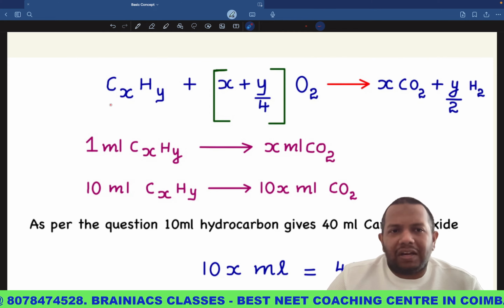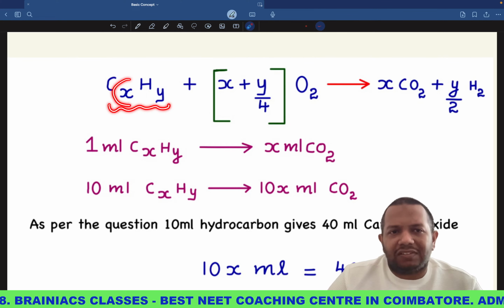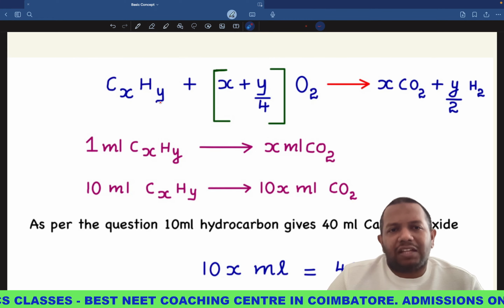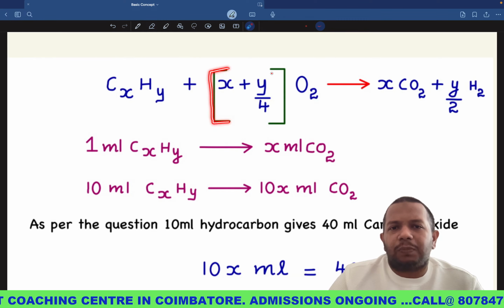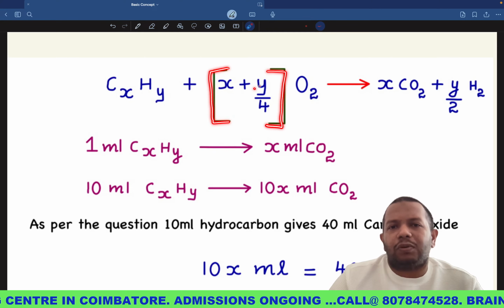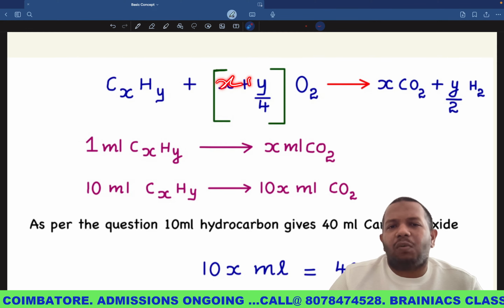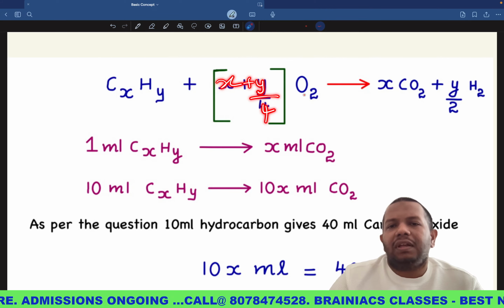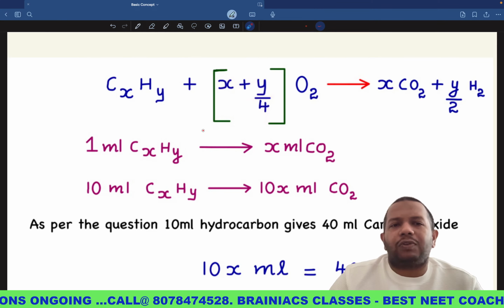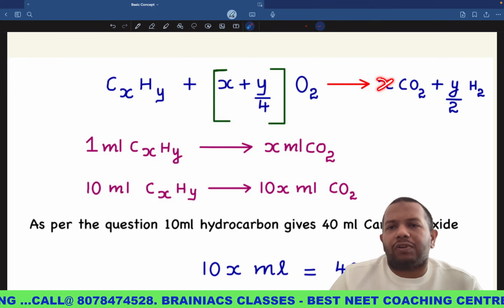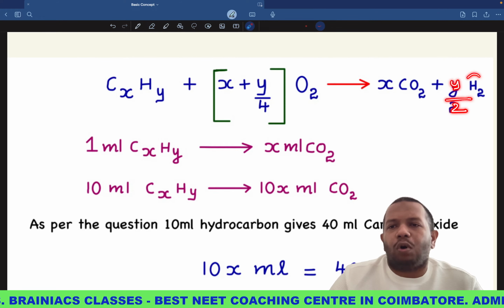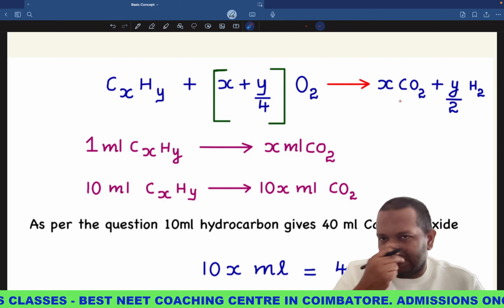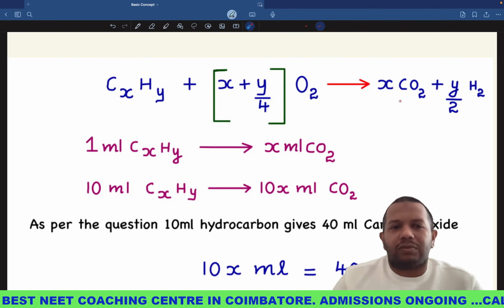If a hydrocarbon CxHy is oxidized, the stoichiometric coefficient for oxygen is x + y/4, and it gives x mole of carbon dioxide and y/2 mole of water. You need to learn this, then only you can solve this question.